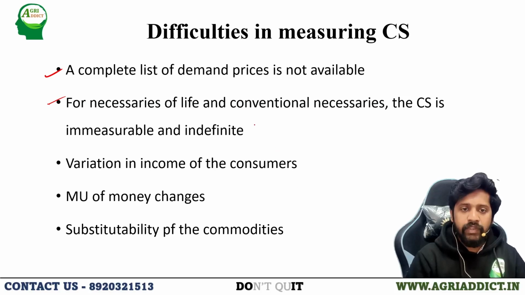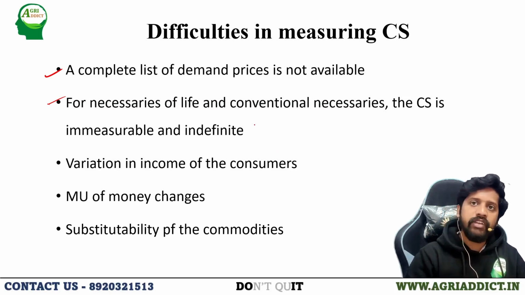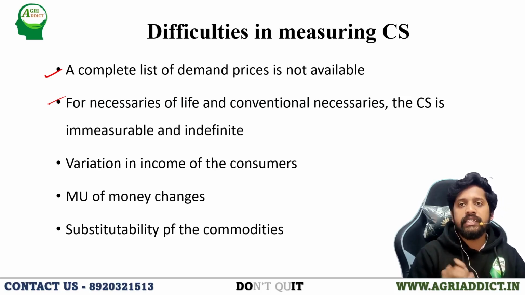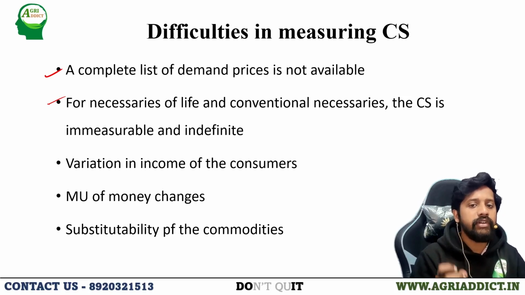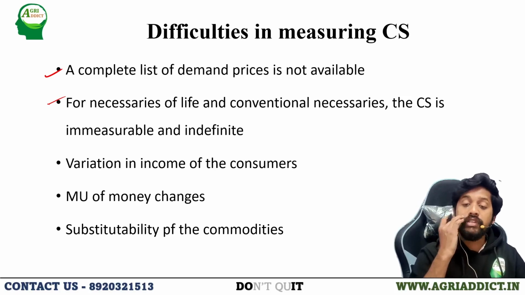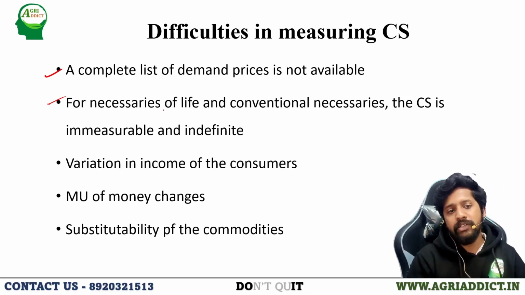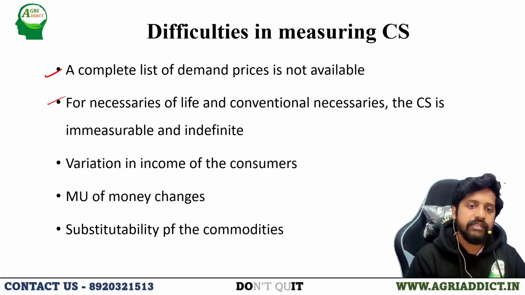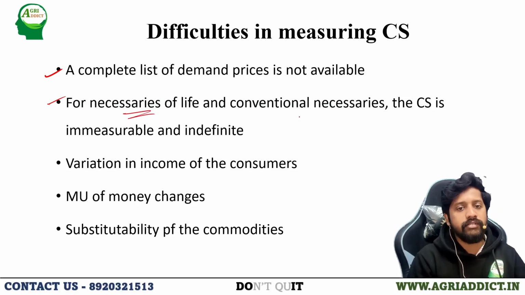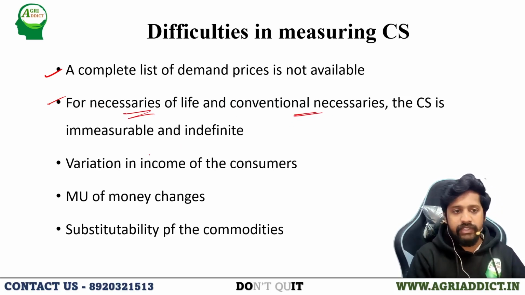So for them, whatever the price may be, even if the price increases, even if the price decreases, we don't care about it, right? Because it is so essential to sustain our life. Therefore, for necessaries of life and conventional necessaries, the demand curve will be totally inelastic. Therefore, measuring the consumer surplus will be really difficult for this kind of commodities, that is necessaries of life and conventional necessaries.